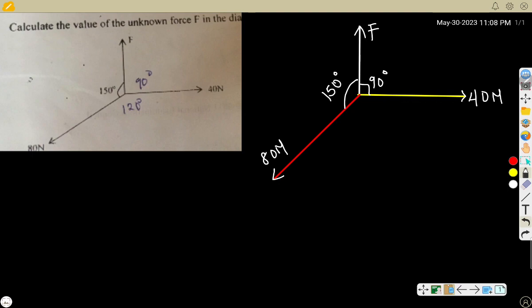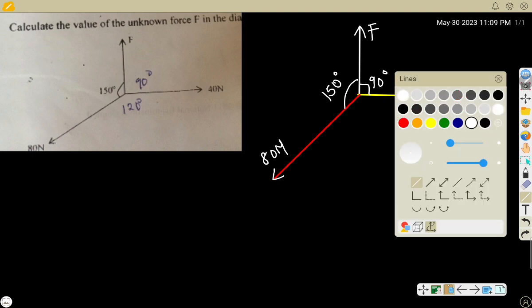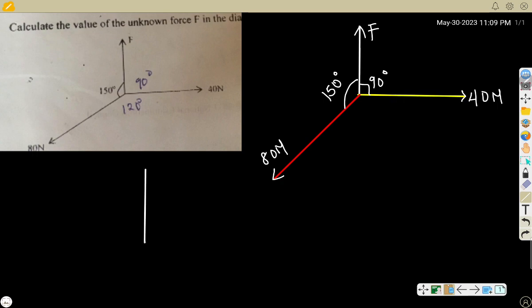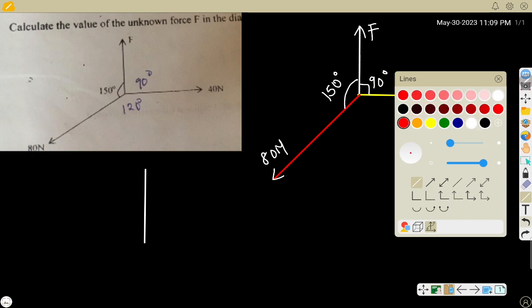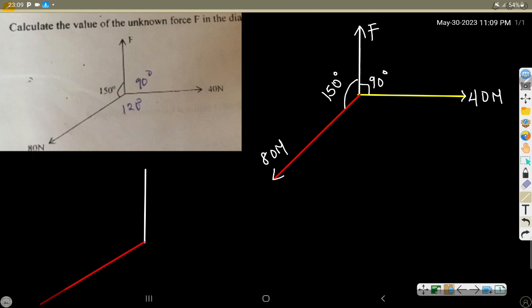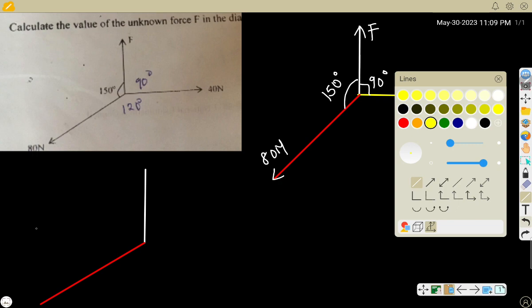If I want to use the 150, this diagram you see here will just be like F, this is F, this is 80.